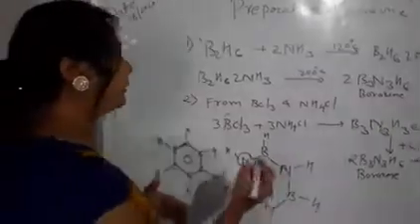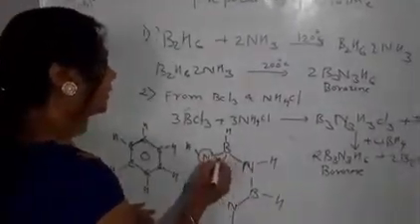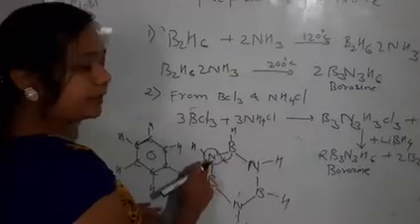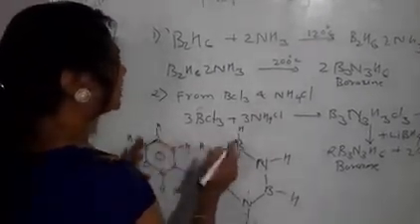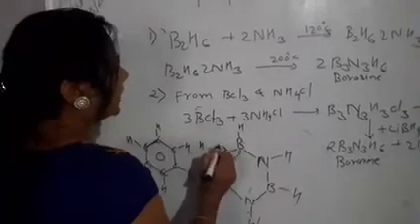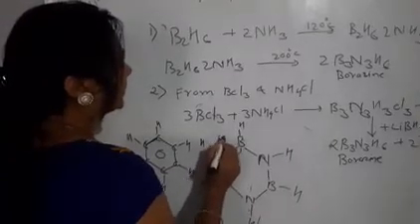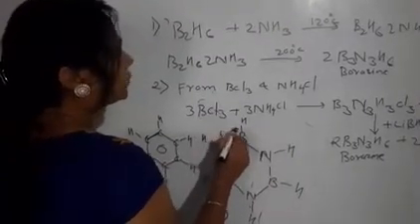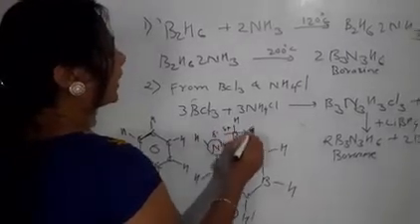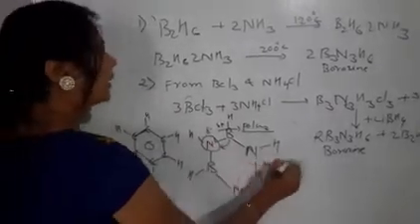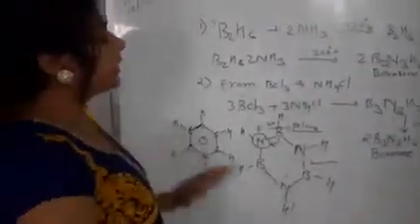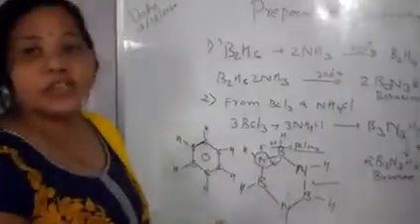So it will attract the shared pair of electrons towards itself, because it is more electronegative. Some slight charges will be developed, that is some delta negative charge and delta positive charge. So it becomes polar, and due to the polar nature of bonding in this inorganic benzene, or borazine, it can easily undergo substitution reaction.